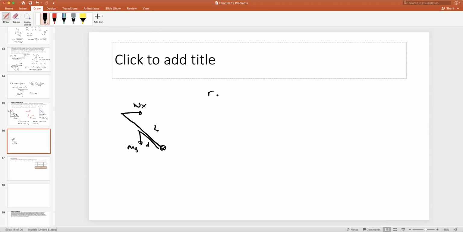Remembering that R cross F, which is the torque, is RF sine of the angle between R and F. But what this really means is it's R perpendicular times F. So for L and N, I need the perpendicular part of L. I need L perpendicular. L is my R vector here.